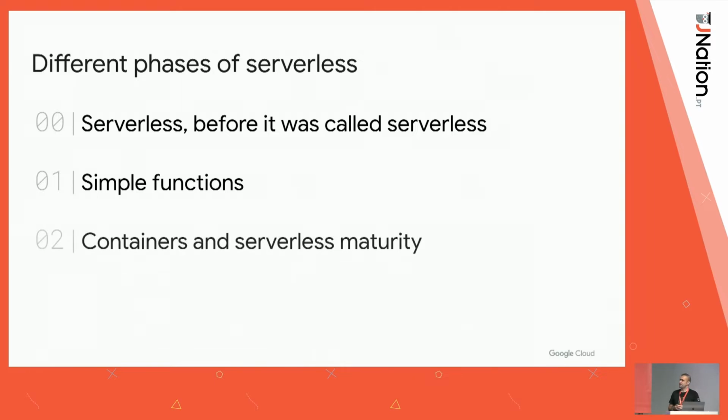Then the third phase was containers and serverless maturity, because you will see that with simple functions, what you can do is limited. And then we have these things called containers. And there was this parallel universe that existed for a while, but now in this phase, they kind of started coming together. So we had containers coming into serverless space, and we also started seeing serverless becoming more mature.